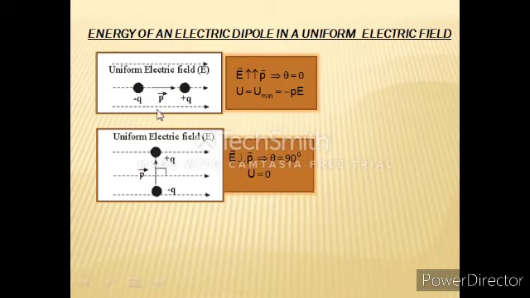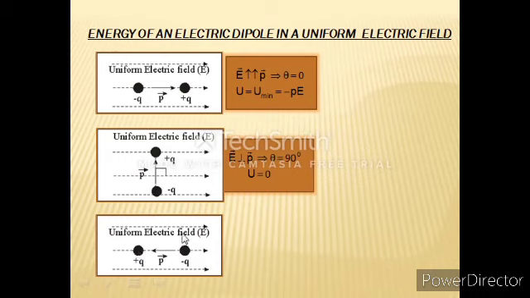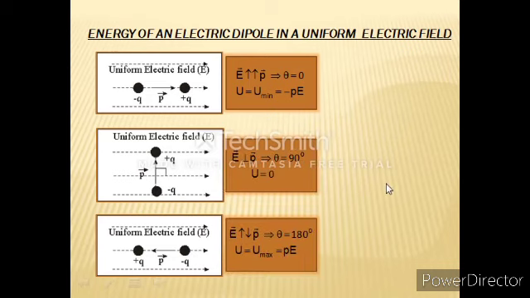Now if the dipole has its dipole moment opposite to the field, as over here, dipole moment from minus q to plus q this way, field directed rightward, they are opposite to each other. Here energy is maximum. This is the expression for energy. So these are the special cases for energy of a dipole in a uniform electric field.